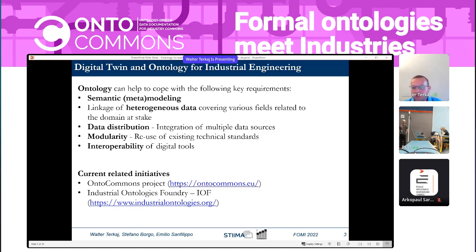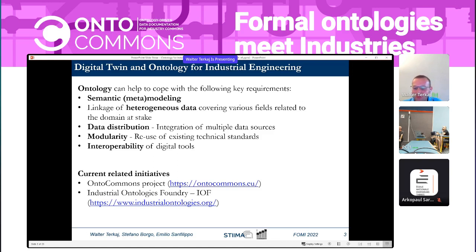Data distribution: we have multiple data sources and silos where we store and retrieve data. Modularity: we want to reuse as much as possible technical standards. And of course, to support our activities, we use more and more digital tools, so we want to facilitate interoperability.